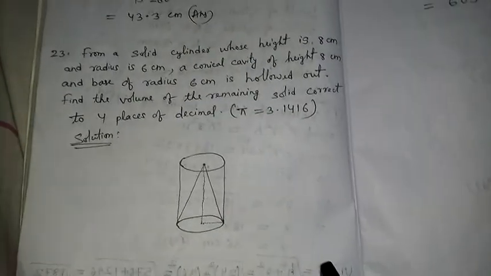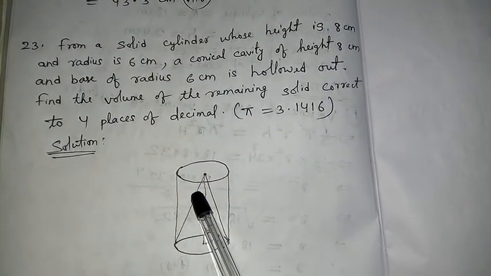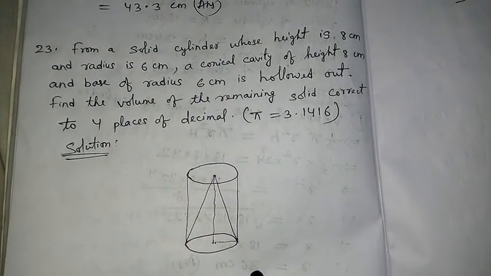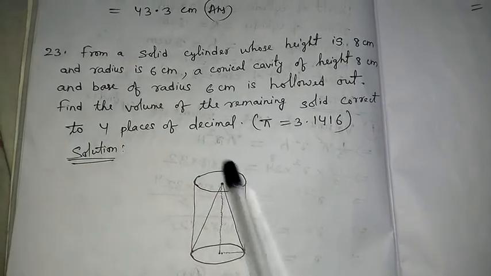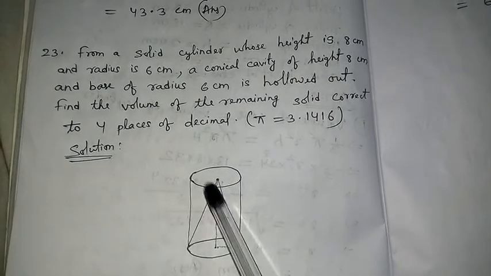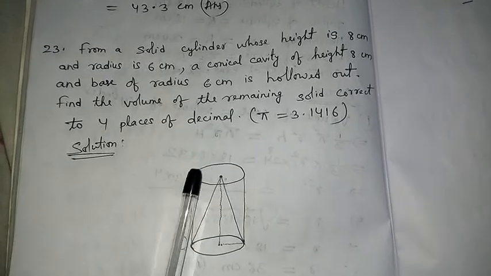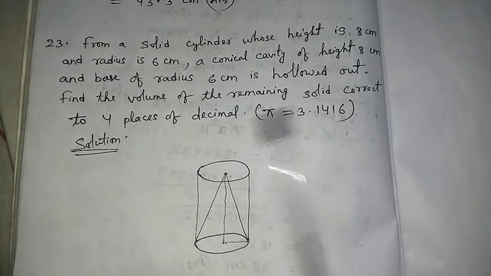I will just give you a hint and then I will finish this. What happens here, from the cylinder you have to cut a cone and make a cone from the cylinder. So now the question is, find the volume of the remaining solid. After this particular cone is taken out from the cylinder, the wastage portion which remains, you have to find the volume of the remaining solid.